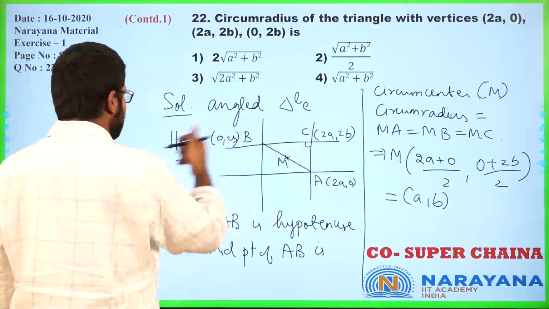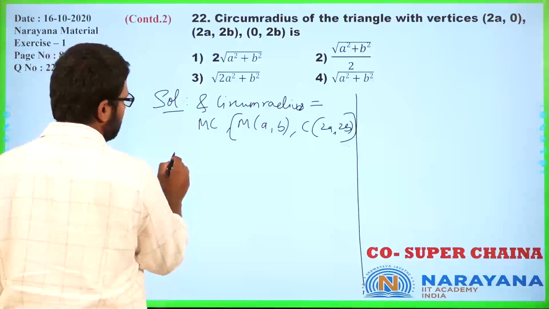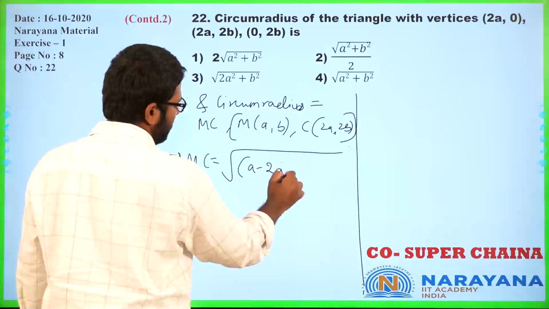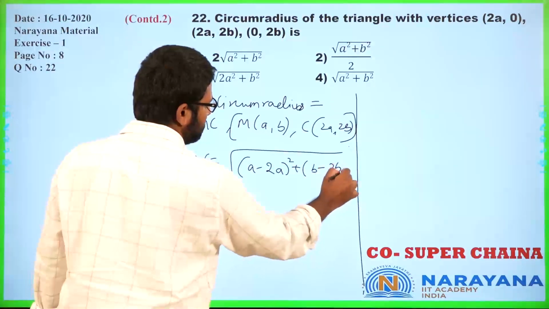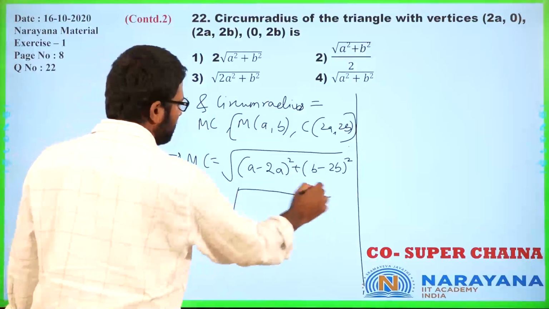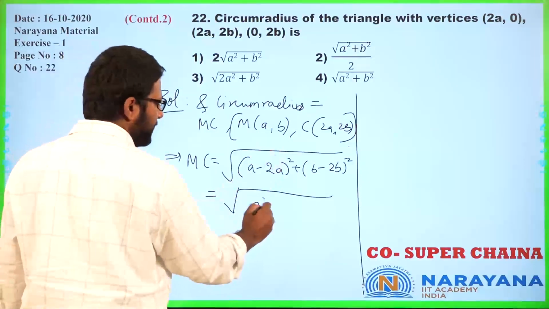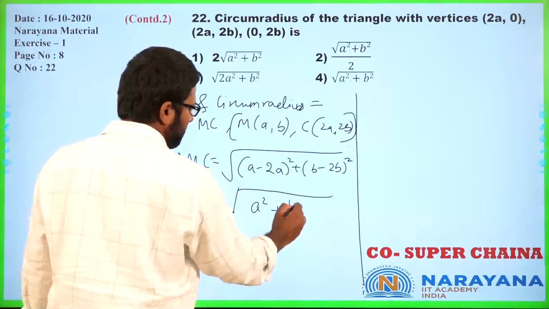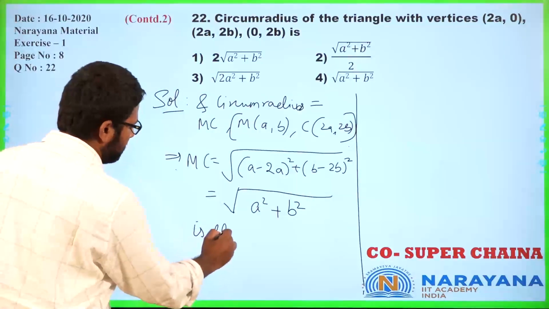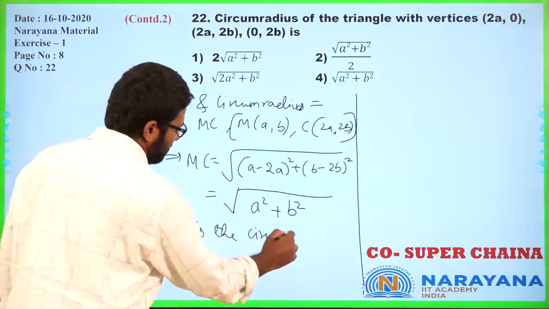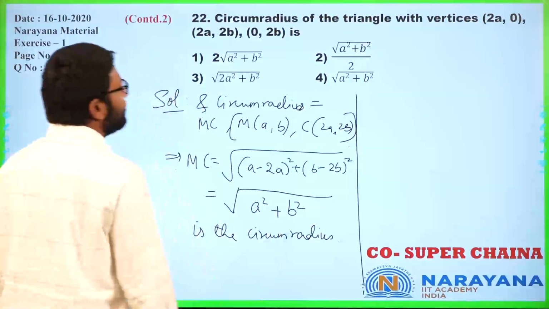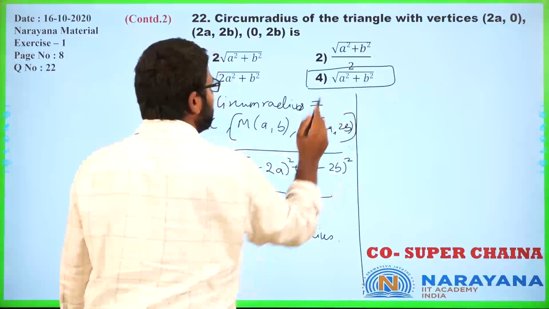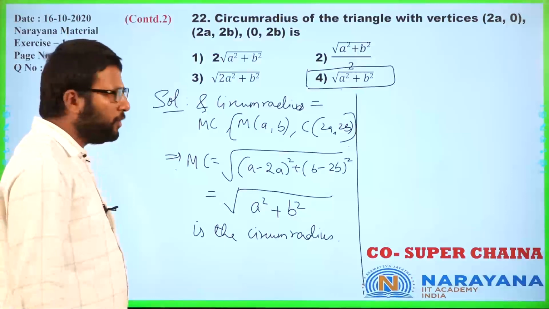MC would be the square root of (a minus 2a) the whole square plus (b minus 2b) the whole square. A minus 2a is minus a, whose square is a square, and b minus 2b is minus b, whose square is b square. So the circumradius of this triangle is the square root of a square plus b square. This is definitely one way to do it.